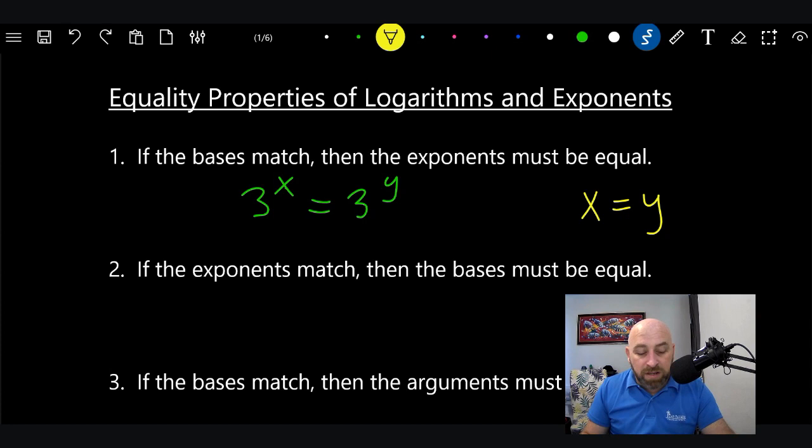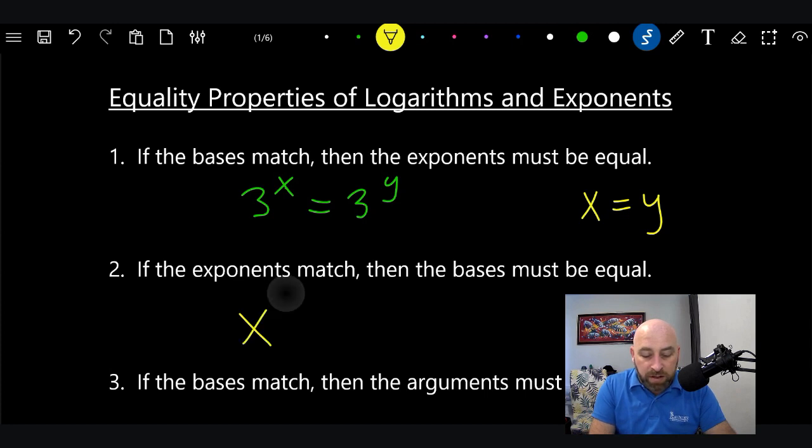Number two, if the exponents match, then the bases must be equal. If the exponents match, then the bases must be equal. What does that mean? Well, now let's do it this way. Let's put x cubed equals y cubed. Now we have the exponents matching.